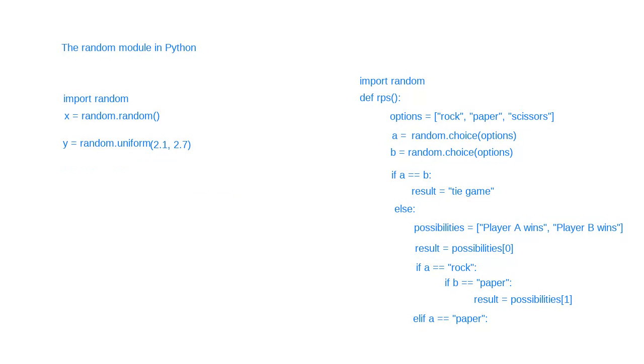So once we have all of the pieces of the game in place, basically the situation for if A is paper, changing the winner to player B, and if A plays scissors, the situation when player B wins.